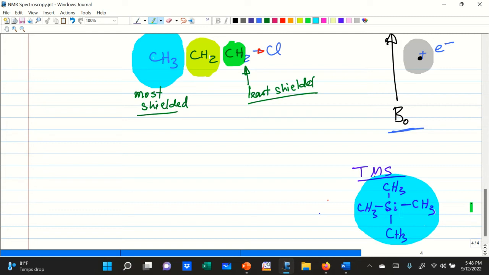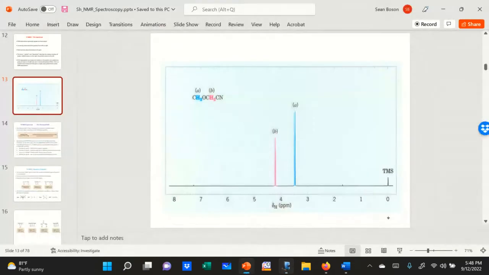That is why TMS is the most shielded and resonates at the highest field, which even though it is highest field, arbitrarily is given the reference number 0. Slightly counterintuitive, but that is the way it was done by the physicist who first did that.